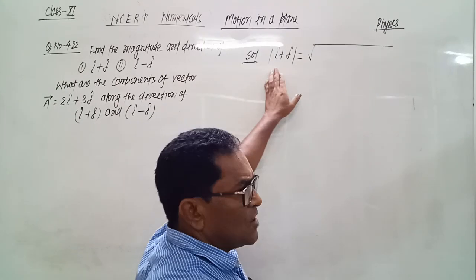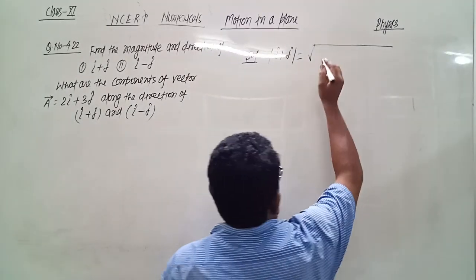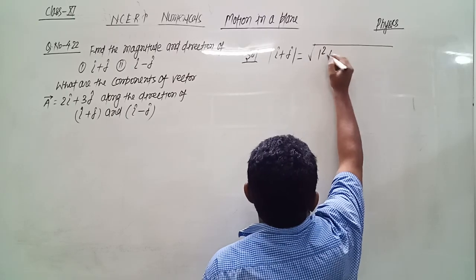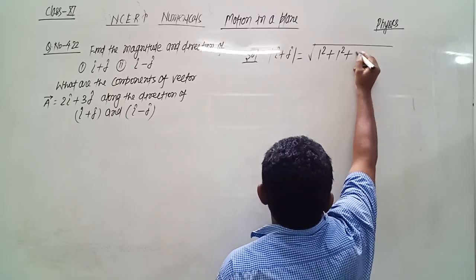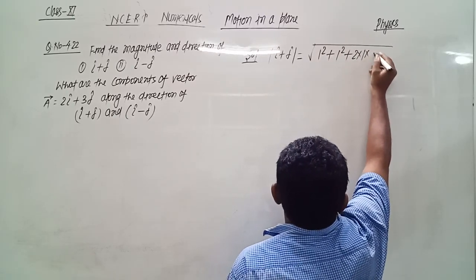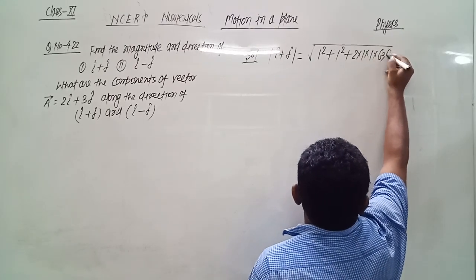So the coefficient of i cap is 1, coefficient of j cap is 1. So 1 square plus 1 square plus 2 into 1 into 1 into cos 90 degree.